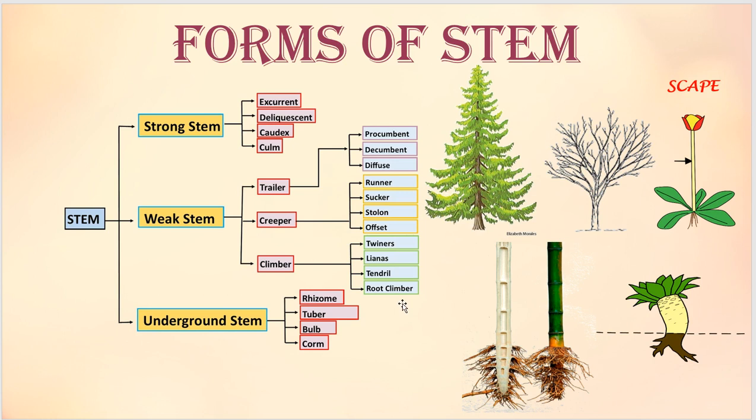An adventitious root is produced from each node, and that root, with the help of its sticky juice, climbs onto the host plant. Right? So they are root climbers. Pothos, Indian ivy, black pepper, and tecoma are the best known examples for this.